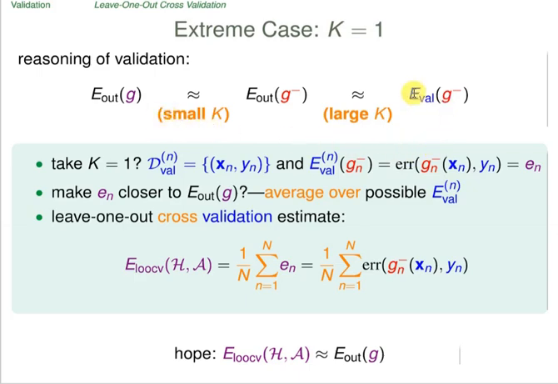Based on the following reasoning: a smaller k leads us to a better approximation of out of sample error, while a large k for the given G minus allows us to think that the validation is a better approximation of the E out for G minus. However, for small k, the leave one out error will be better approximating.